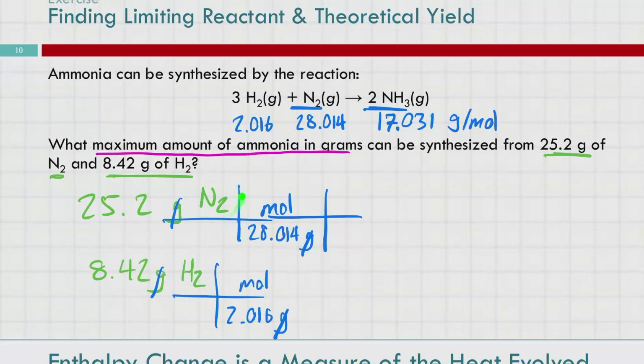So for our N2, our ratio of moles of nitrogen to our product, ammonia, NH3, is that we get 2 NH3 out for every 1 N2 that we put in. And then to figure out the grams part of it, we multiply by our molar mass for ammonia, 17.031 grams.